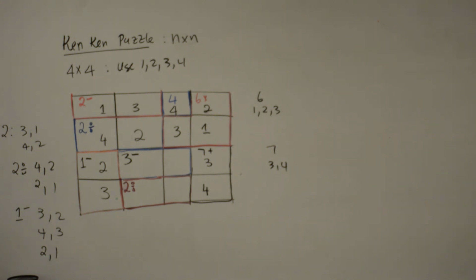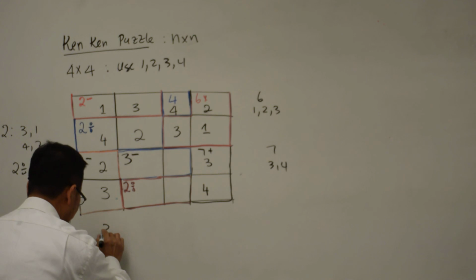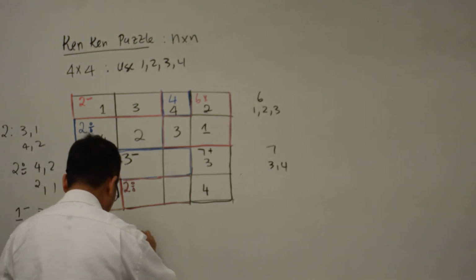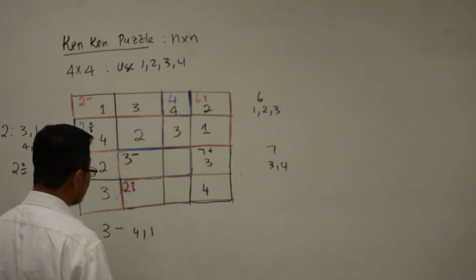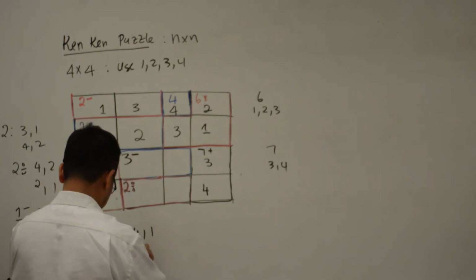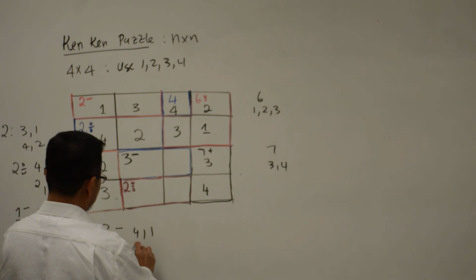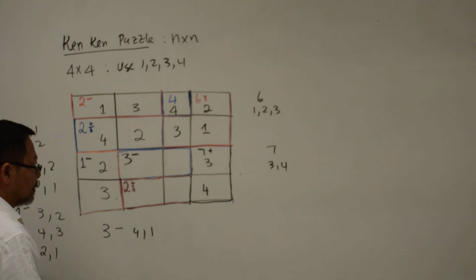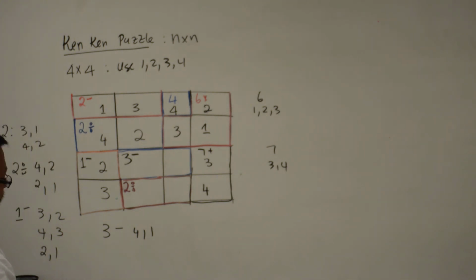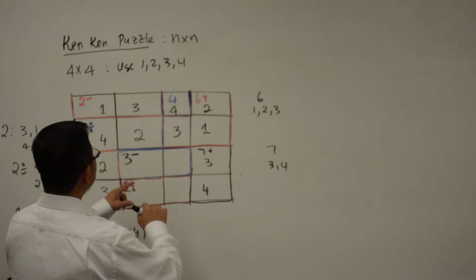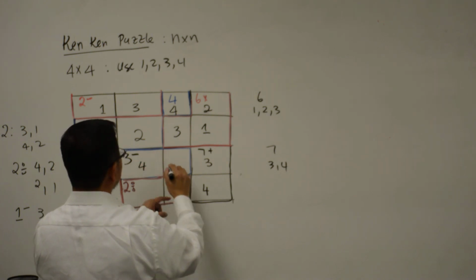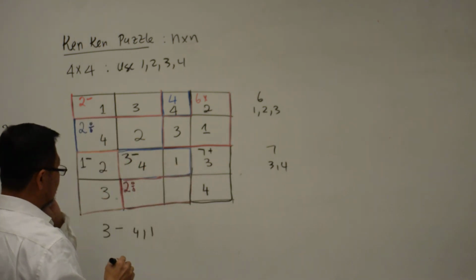Okay, now for 3 minus, we can use only 4 and 1. We can use 4 here, but we cannot use 1 right here. So 4 in here and 1 here, because 4 minus 1 is 3.